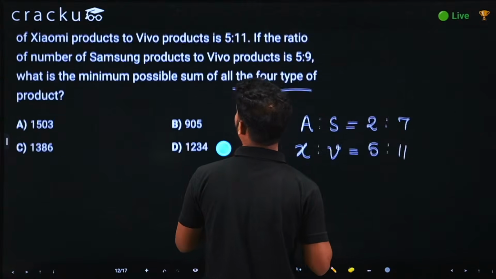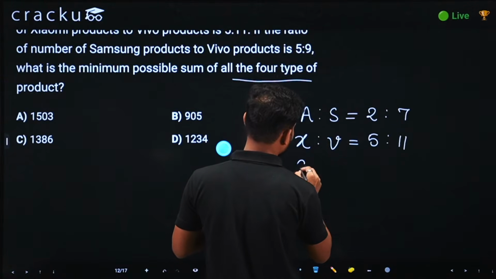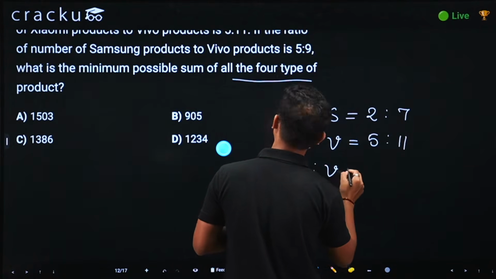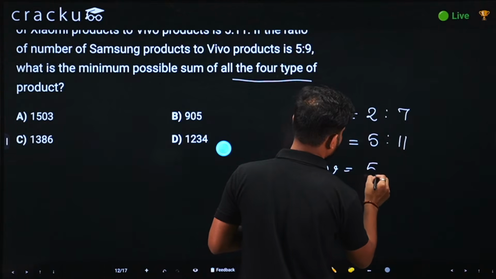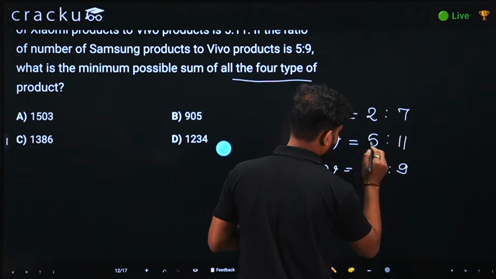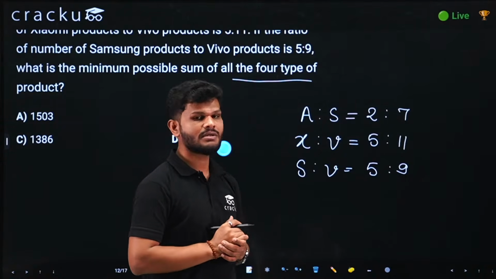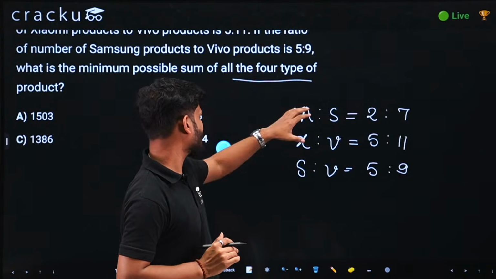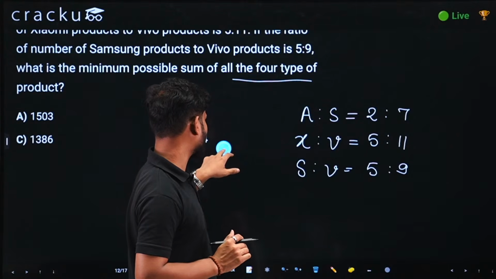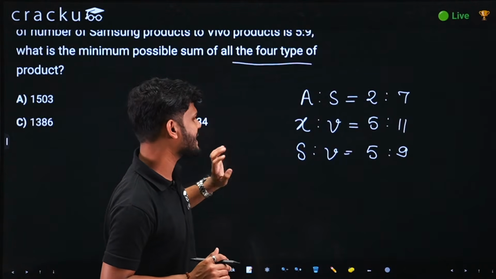And also you have Samsung to Vivo as 5:9. Right? What you have to find? You have to find the minimum number of products of all four quantities. Okay, how do you find that?